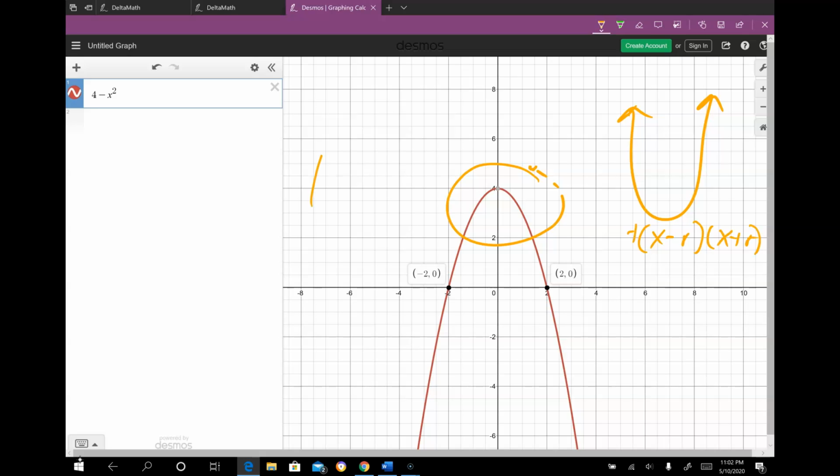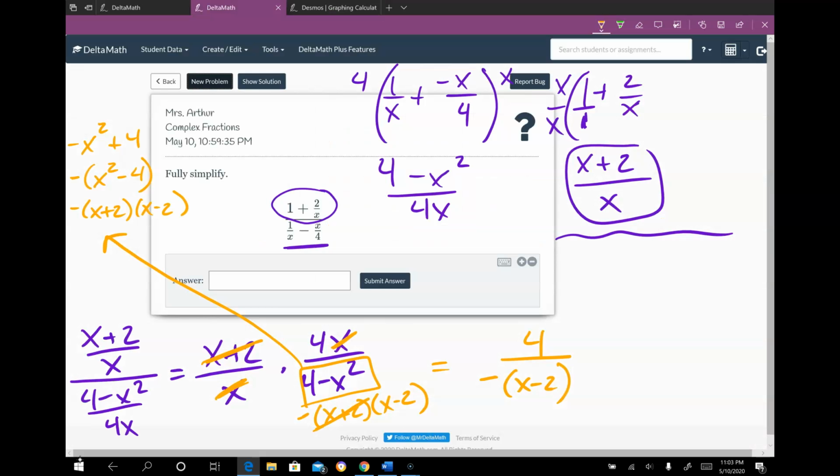If it's facing down, it's a negative x plus r, x minus r. Okay, you would have to know that. So then it would be negative x plus 2, x minus 2. And that would be your factors over here like we did. Okay, so that's your final answer.